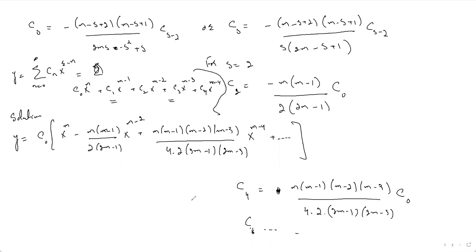So this is the first solution. Now we will try to find the other one, the second case, when r is equal to minus m minus 1, right?